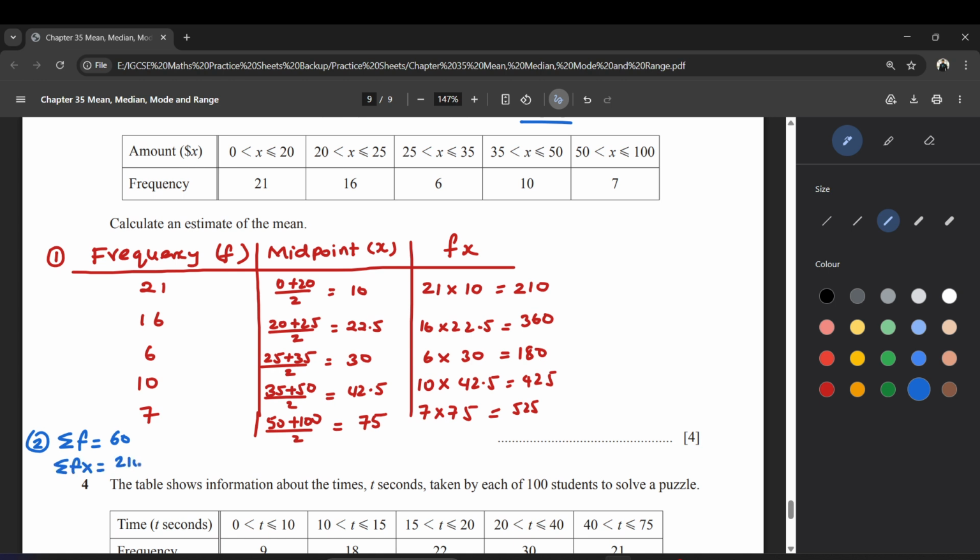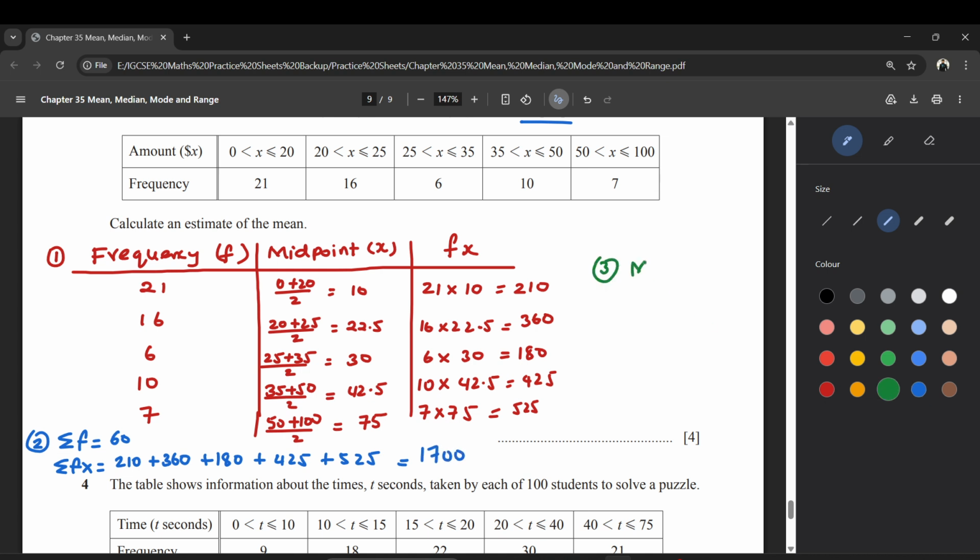That would be 210 plus 360 plus 180 plus 425 plus 525. Okay, so let's add them up. Plus 425 plus 525, and that gives us exactly 1700.